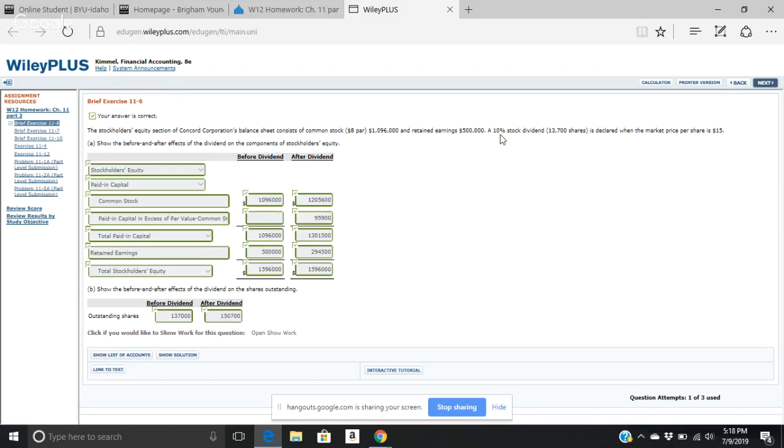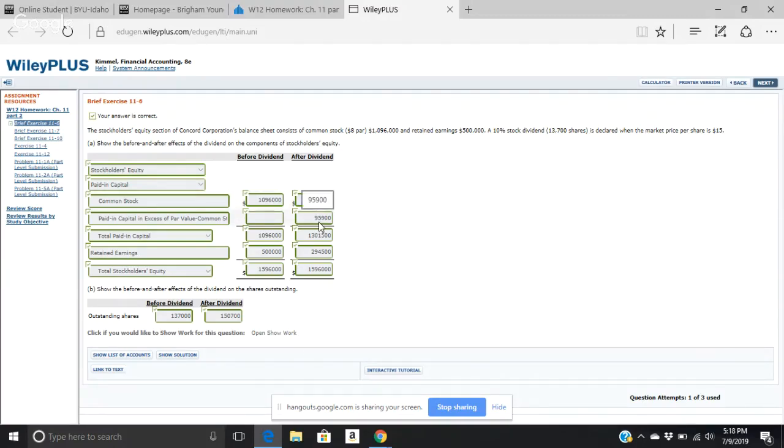And so we will multiply the $1,096,000 by 0.1, which is 10%, and that gives us $109,600. And we are going to take that $109,600 and add it to the $1,096,000. And when we add those two together, we get $1,205,600.